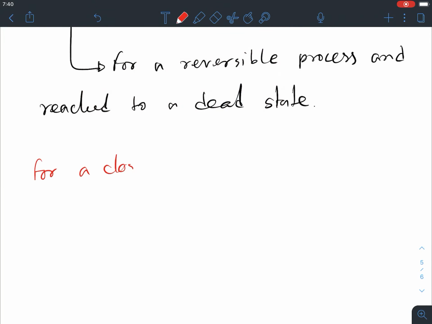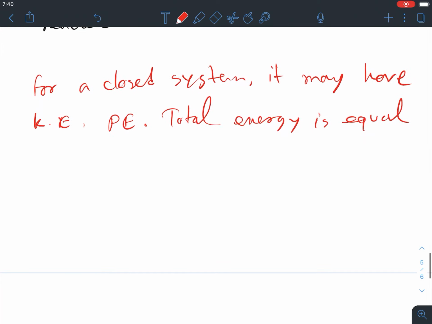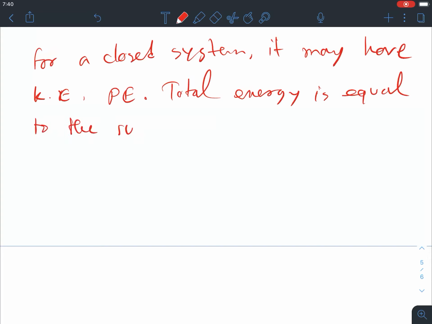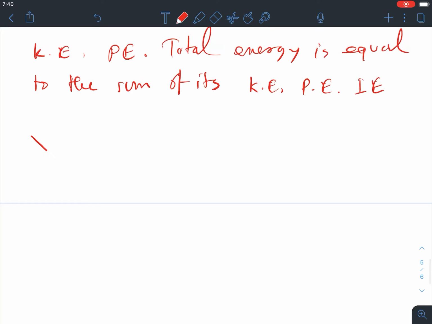For a closed system, we also know that it may have kinetic energy and potential energy, and the total energy is equal to the sum of its kinetic energy, potential energy and internal energy, right?